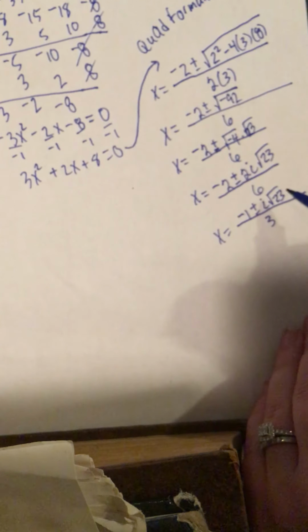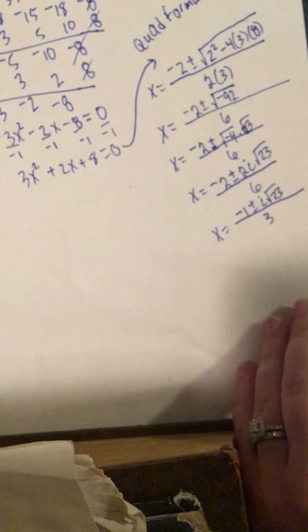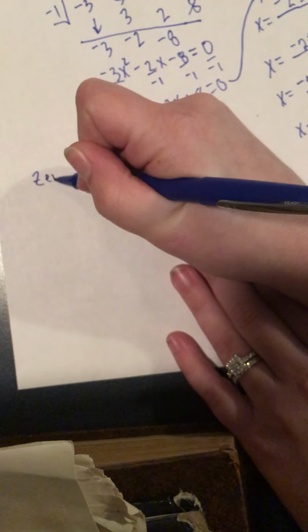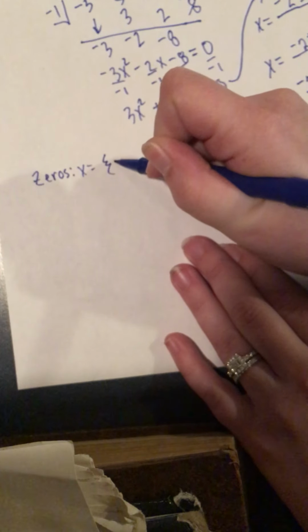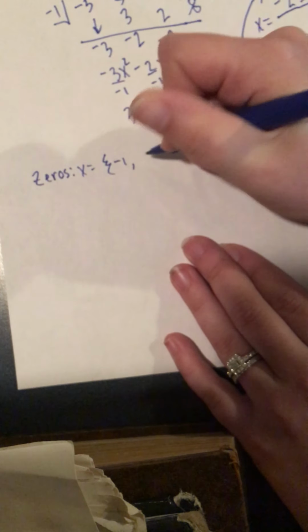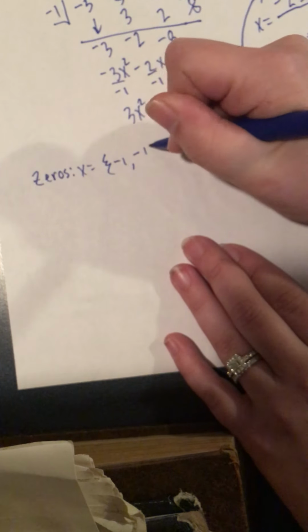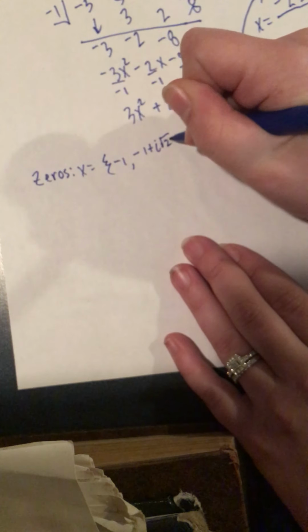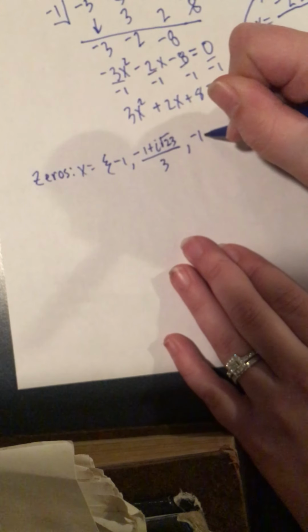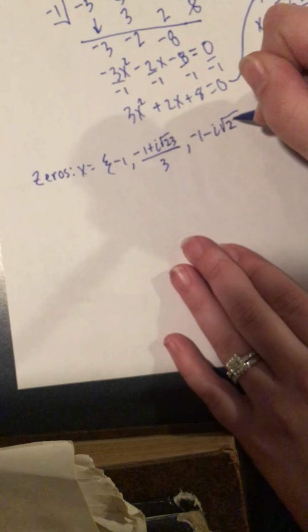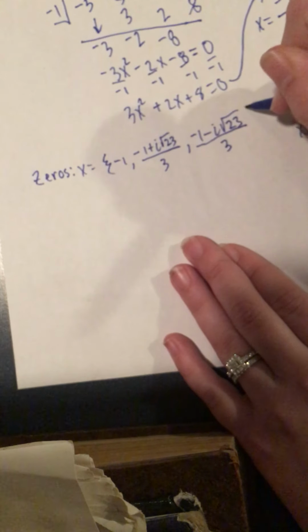Alrighty, so that completes the process of finding the zeros. So I'm going to write this out nicely over here. We know that our zeros are negative 1, and then negative 1 plus i square root 23 over 3, and negative 1 minus i square root 23 over 3.